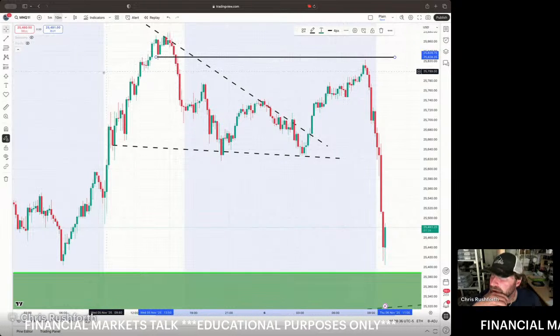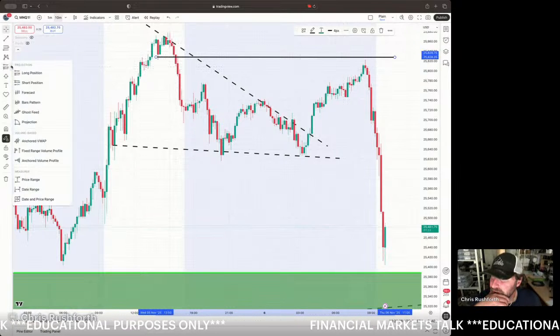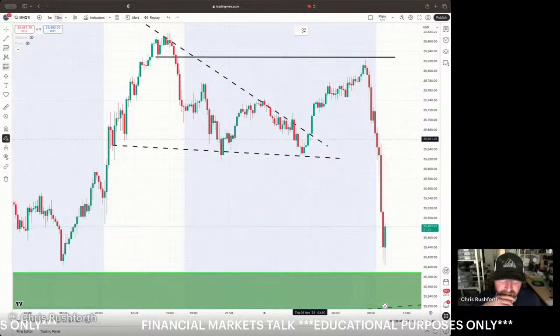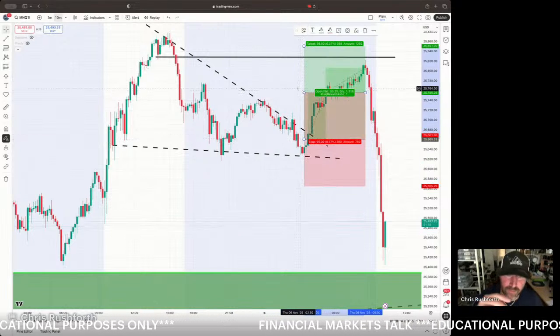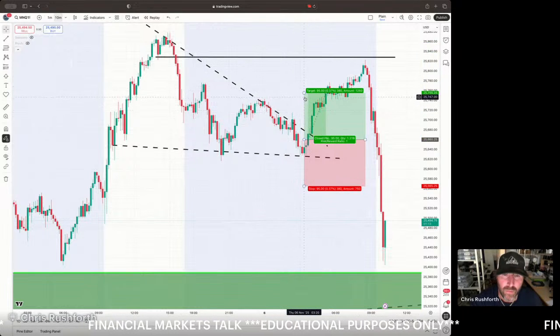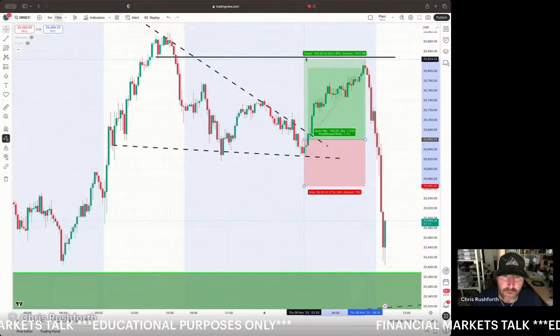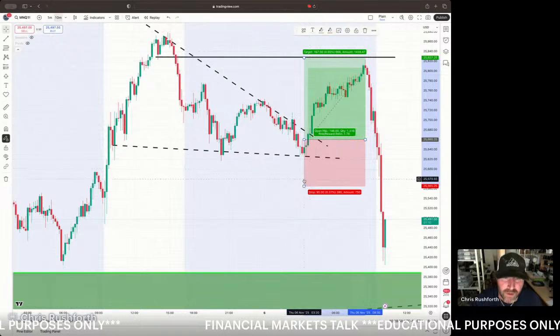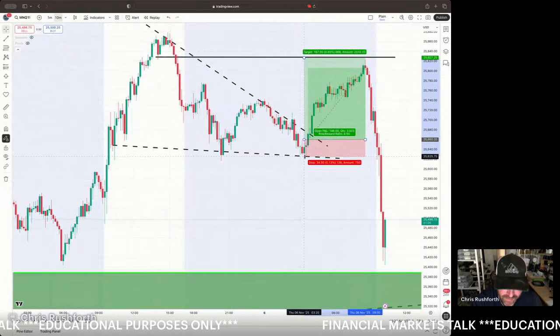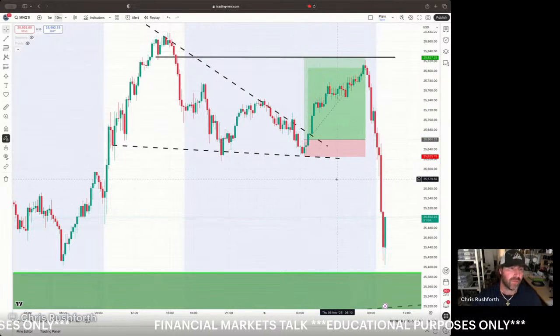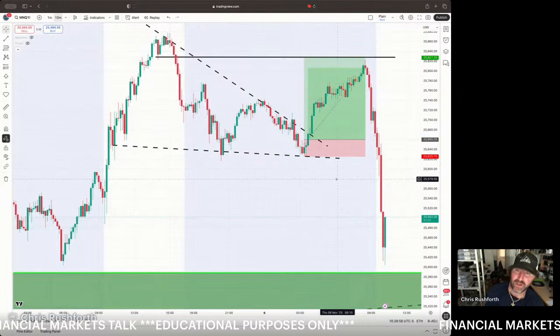This trade could have taken a break of the high of the trigger candle. You could have had a target up there and a stop loss at the base of the trigger candle right here. That would have been a good trade.